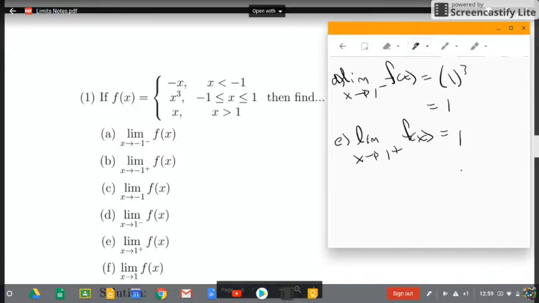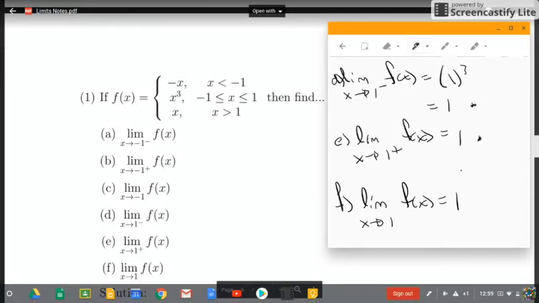So I'm just going to plug 1 in. And because it's just x, that is the answer here. So for f, when it asks what is the limit as x approaches positive 1 of f of x, because it's 1 here and it's 1 here, those are both the same, the answer is that the limit as x approaches 1 of f of x is just 1.